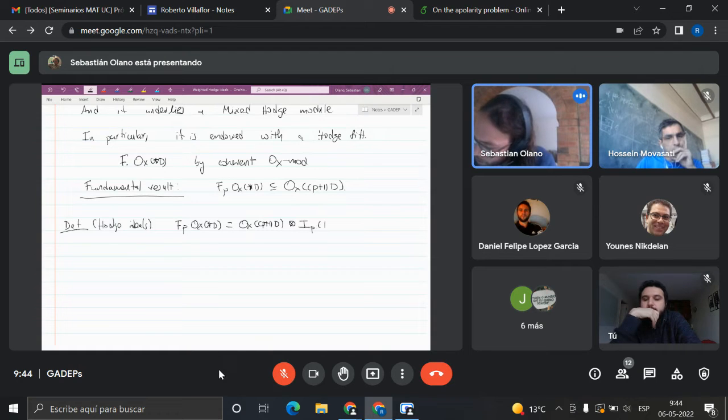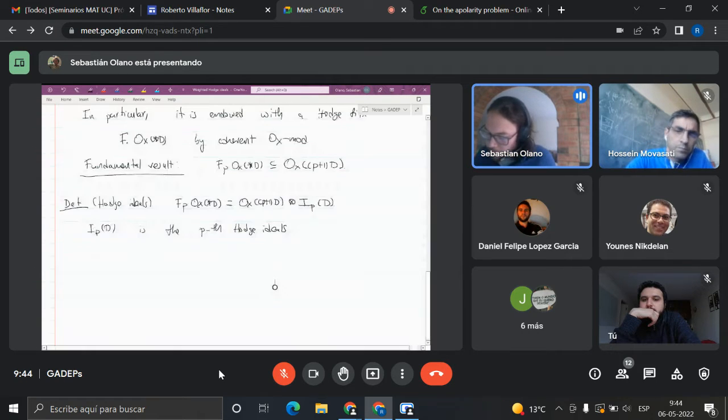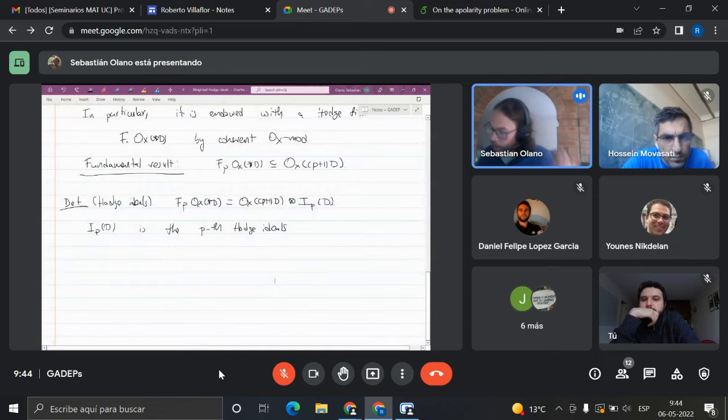Okay, so being contained is essentially this formula, and these ideals are called the p-th Hodge ideals.